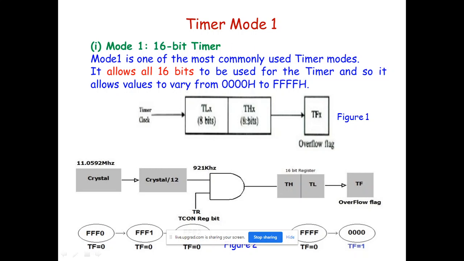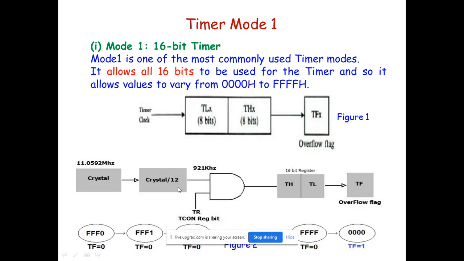Now the clock source for the timer is coming from the crystal. For a counter it is coming from external events. Now we are considering it as a timer, and that's why the clock source is coming from the crystal. In practical use the crystal has a value of 11.0592 megahertz.